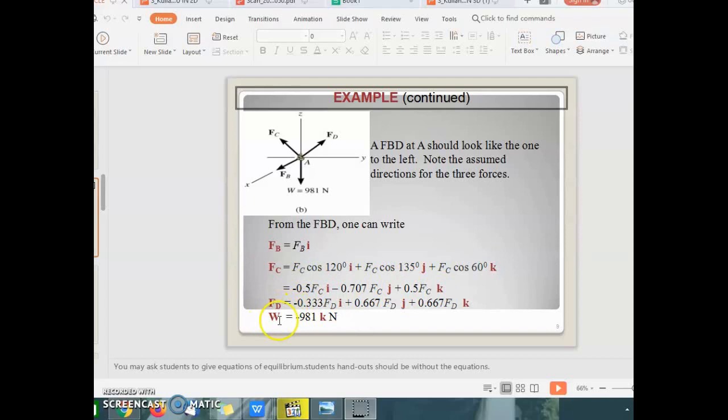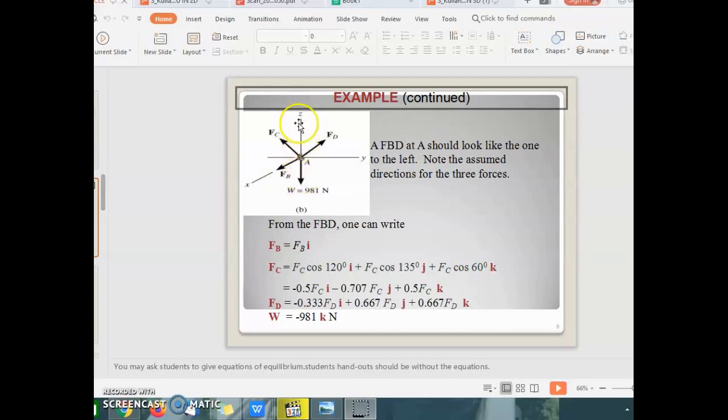Okay. For W, there's another force, which is the weight of the crab here. So the force here is a similar case to the force FB, which lies directly on the axis.